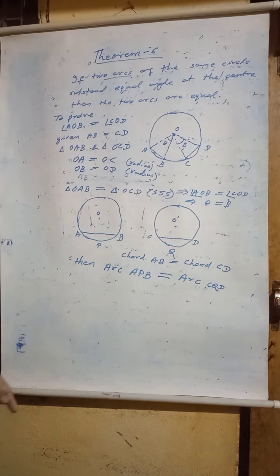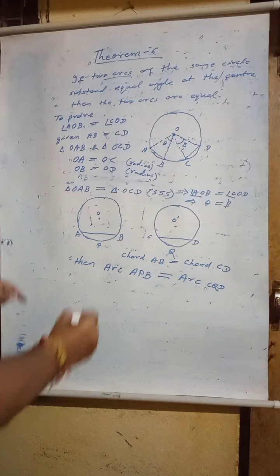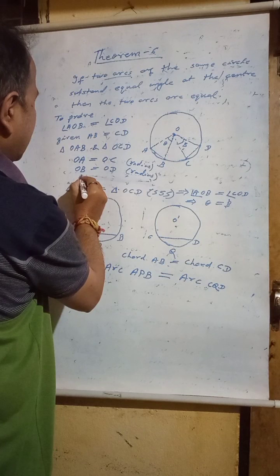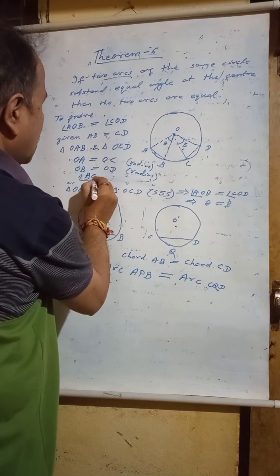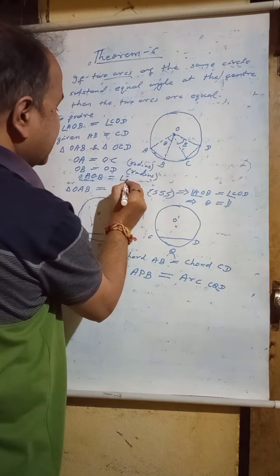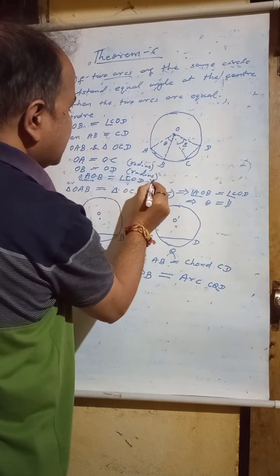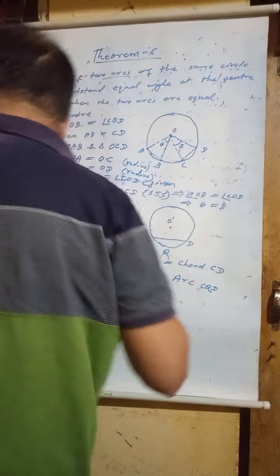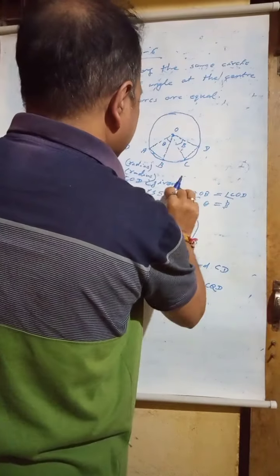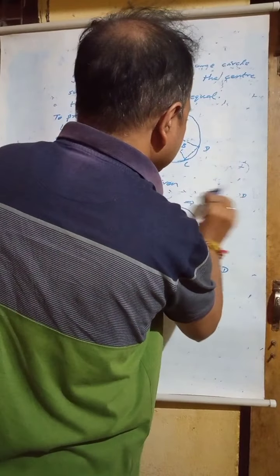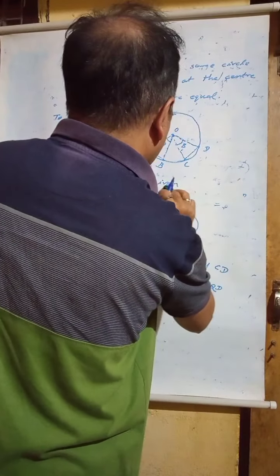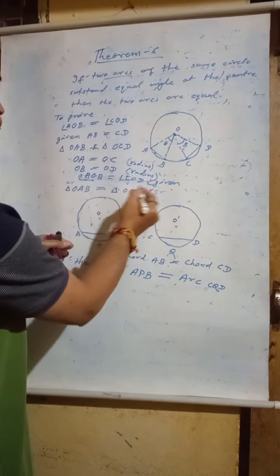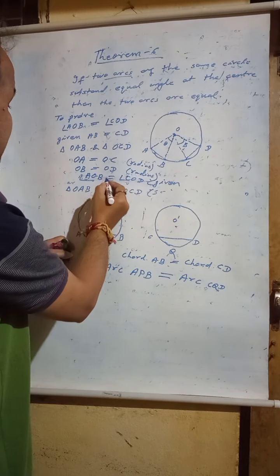He told us that the arcs subtend equal angles at the center. That means angle AOB equal to angle COD is given. So theta equal to beta is given. OA, OC is radius, OB, OD is radius. So these two triangles are congruent on the basis of side angle side.